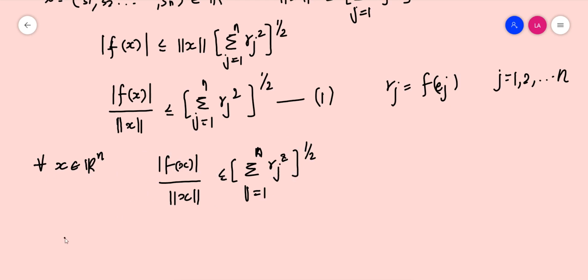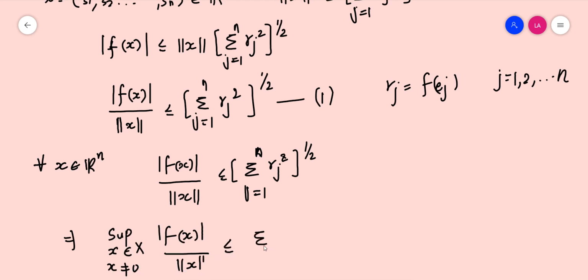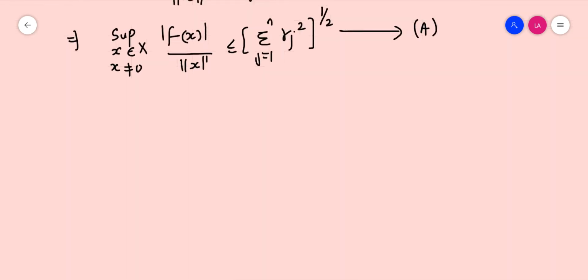This is true for every x, which implies the supremum over x element of capital X, x not equal to 0, of modulus of f of x by norm x should also be less than or equal to summation j equal to 1 to n gamma j square, the whole raised to 1 by 2. Call this equation A. And this is actually norm f, so we replace that by norm f.